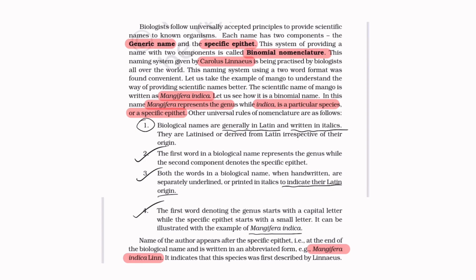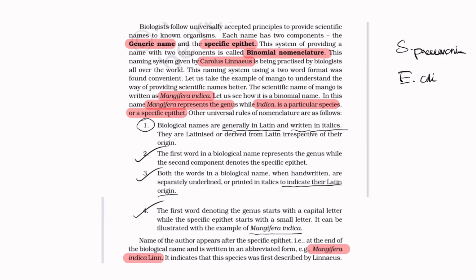In MBBS, you will learn to identify bacteria, fungi, and drugs like Streptococcus pneumoniae, Escherichia coli, and for example, some antibiotics like clavulanic acid. Knowing how to write and read these names accurately is essential.